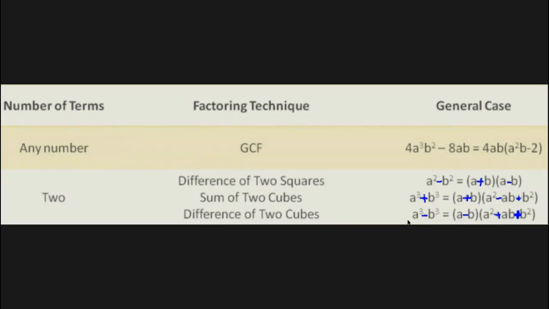So a difference of two cubes is a cubed minus b cubed, where you have a minus b, a squared plus ab plus b squared. So if you have a plus, it's plus, a minus is minus. The second term is the opposite of what you start with, and the last term is always positive.